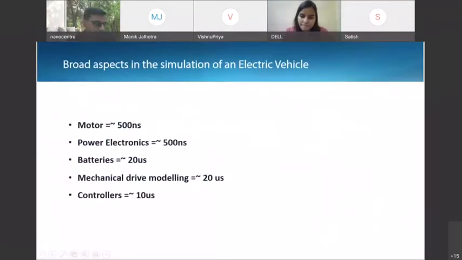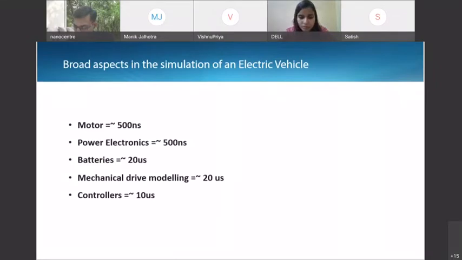The main thing: if we are trying to simulate an electric vehicle, we have various components which need to go through the simulation stage. The components which might be included in electric vehicles are the motors which we need to simulate, the power electronics, batteries, mechanical drive modeling, and controllers.